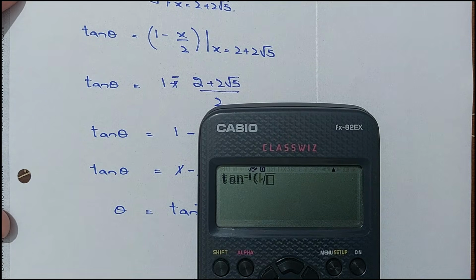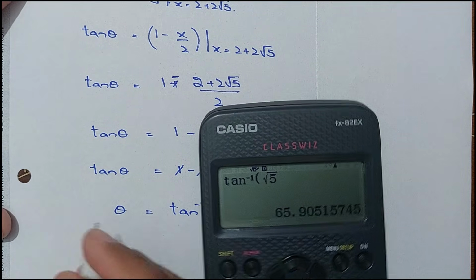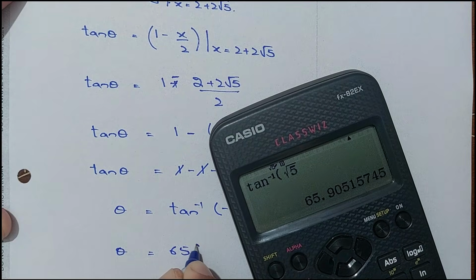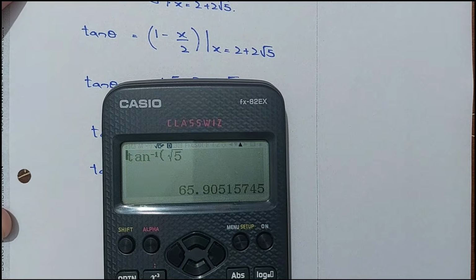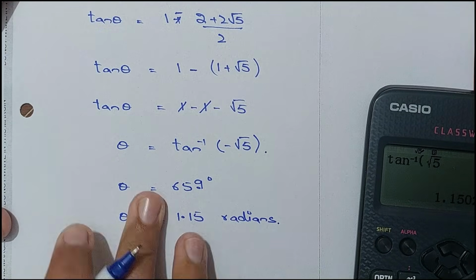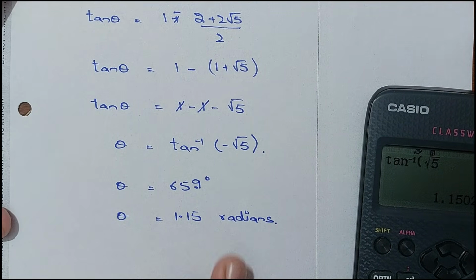Tangent inverse of square root of 5 gives theta as 65.9 degrees, or in radians, tangent inverse of root 5 is 1.15. Theta is 1.15 radians. So this is the acute angle, which is less than 90 degrees or less than pi by 2.